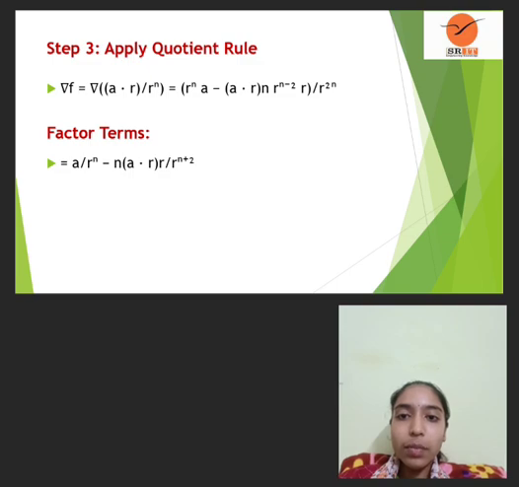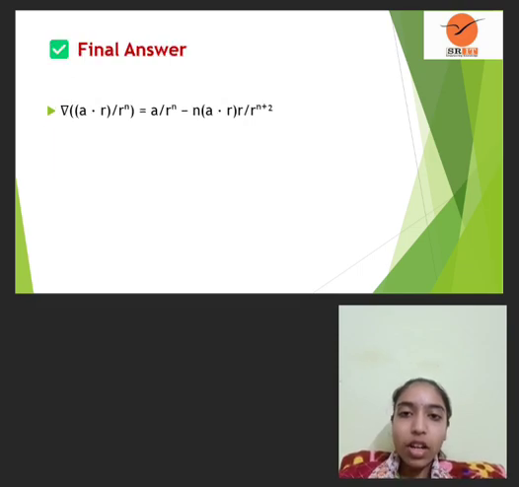Factor terms, that is a by r^n minus n(a·r) r by r^(n+2). The final answer is del of (a·r)/r^n equals a by r^n minus n(a·r) r by r^(n+2).